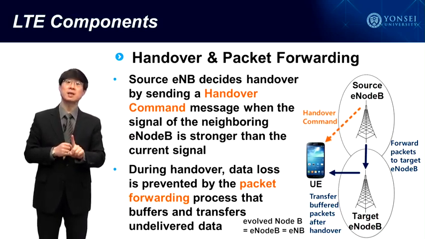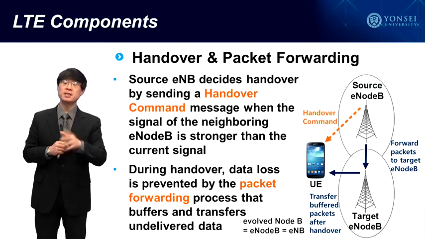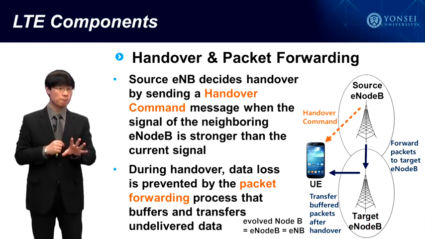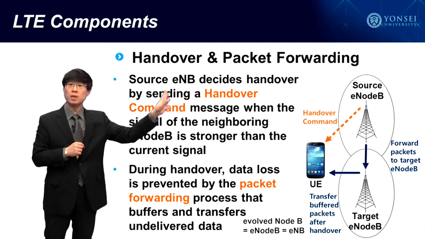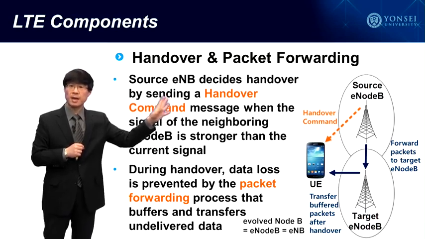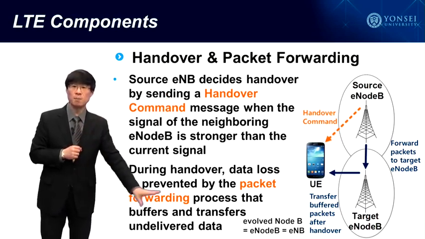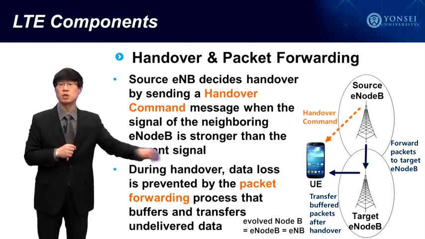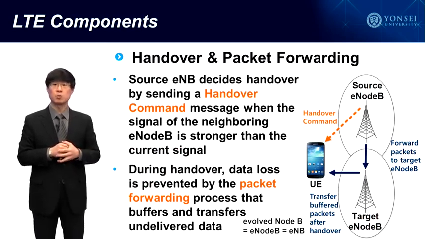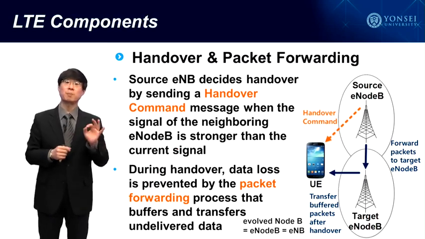Well, LTE does packet forwarding. It prevents packets from being lost by saving the packets that were supposed to be delivered to you through the source base station. It moves these packets to the target base station. And once you make a good connection with the target base station, these packets are delivered to the UE through the wireless mobile communication channel. This is called packet forwarding.